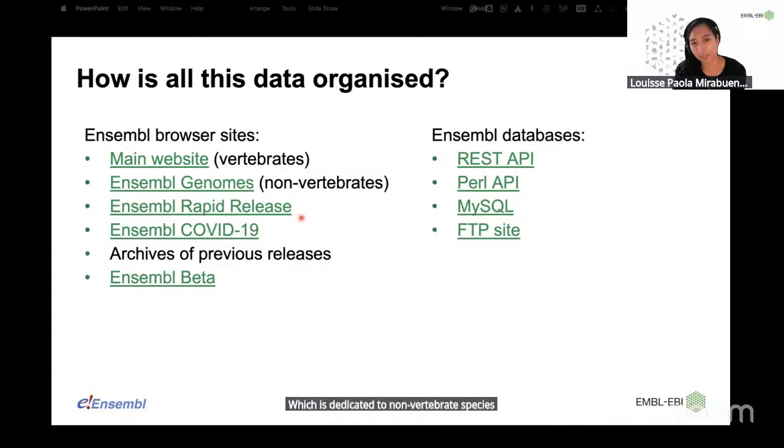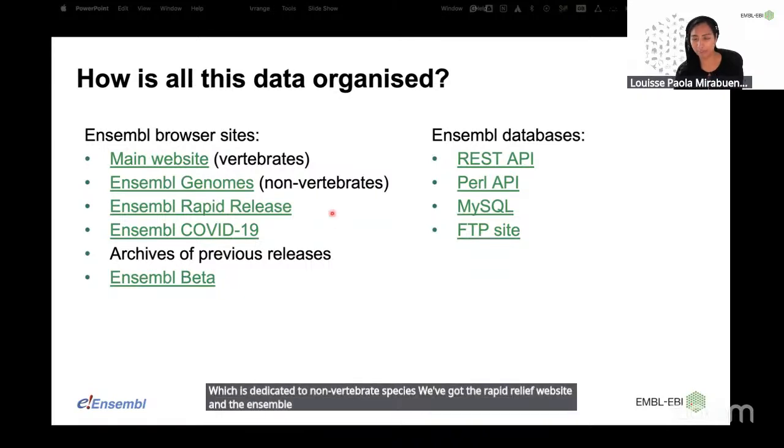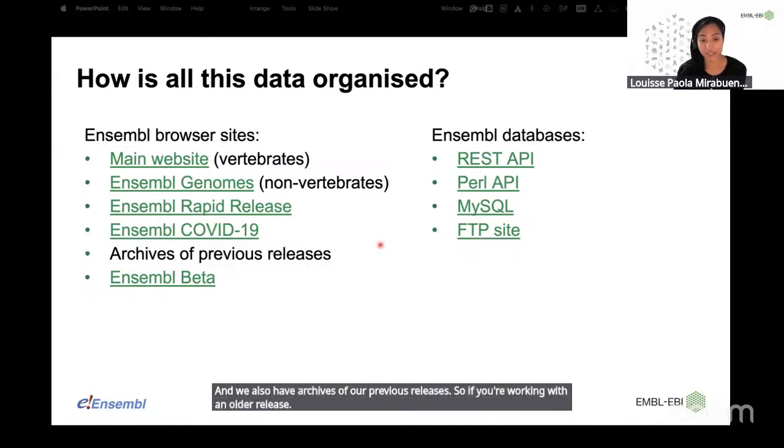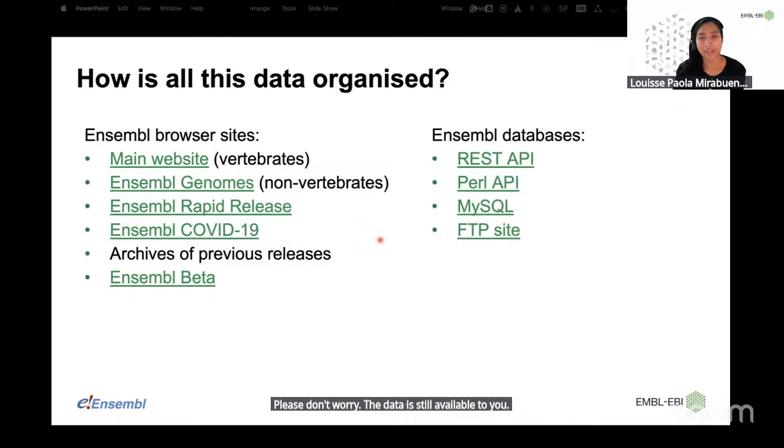We've got the Rapid Release website and the Ensembl Beta site, which I mentioned at the beginning of yesterday's session. We also have archives of our previous releases. So if you're working with an older release, please don't worry. The data is still available to you on our FTP site.